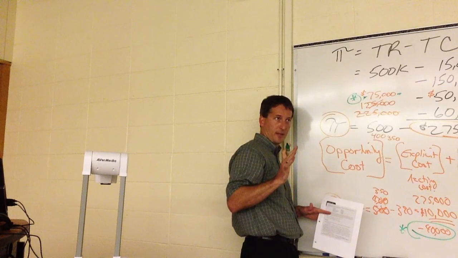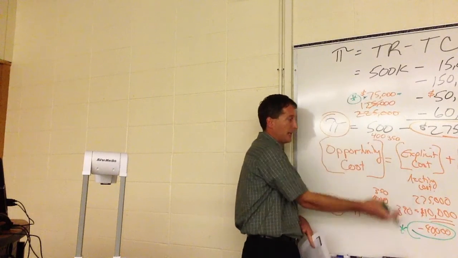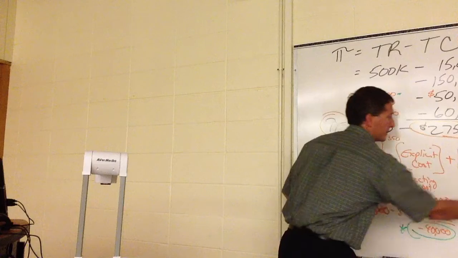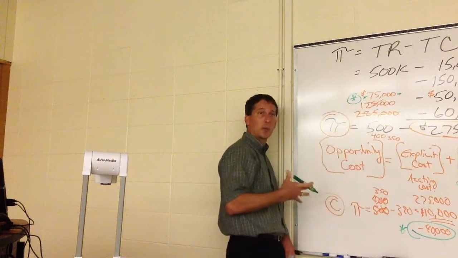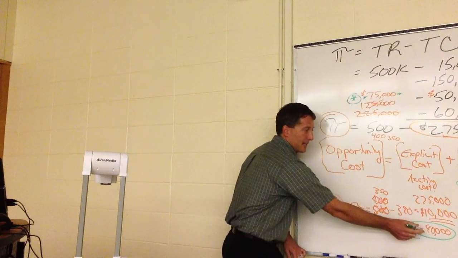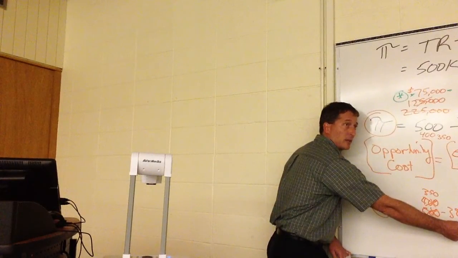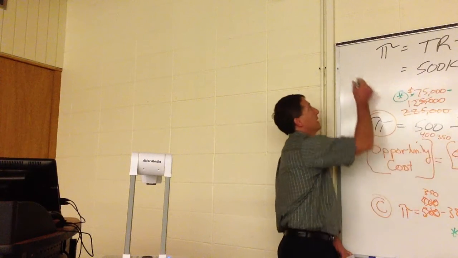Follow what I mean? He's not maybe going to make the right decision if he's not including the implicit cost. The big one here is the building. If he includes the fact that he could rent out the building that he owns, he'd realize that he's actually losing 40,000 and then flip. Go work for the high-end restaurant, make 75.